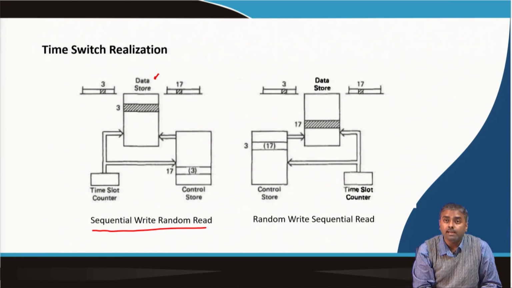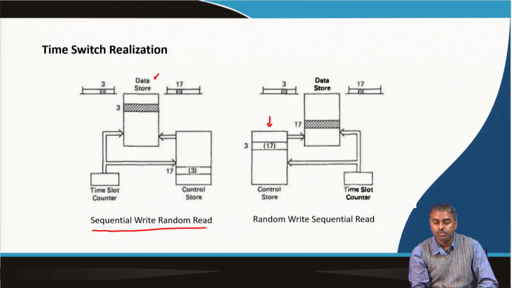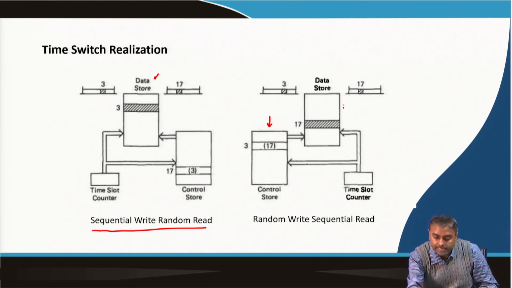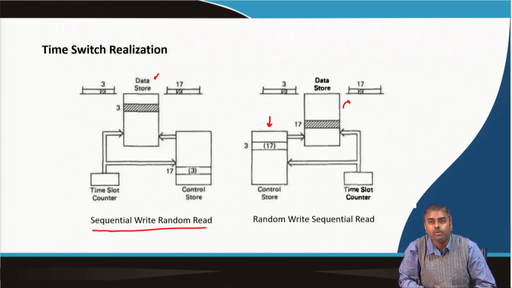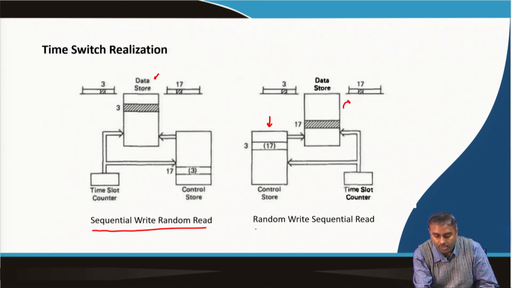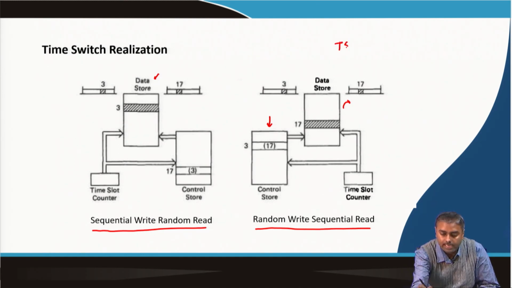You can also do the reverse. While storing them, you store them according to the control memory, and then while reading you do a sequential read. So, that will be random write and sequential read. Both of them are okay, and you can implement either of them. These are the two ways of implementing this time slot interchange, this TSI.